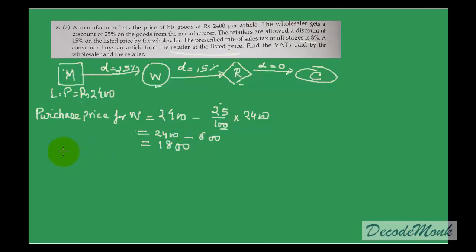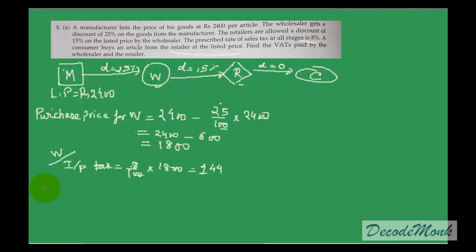So this is the purchase price for the wholesaler. And the input tax with respect to the wholesaler, this calculation is completely for the wholesaler, will be equal to 8% of this purchase price, which is 144.